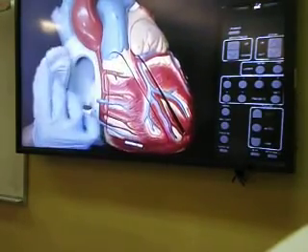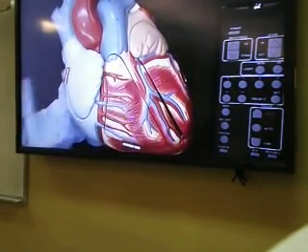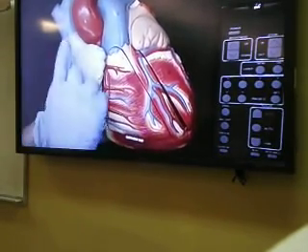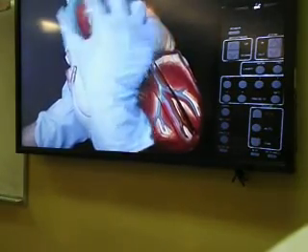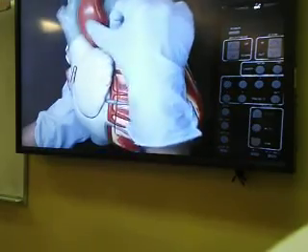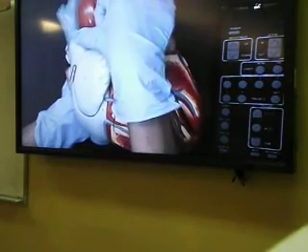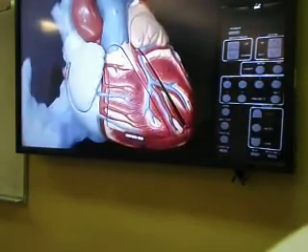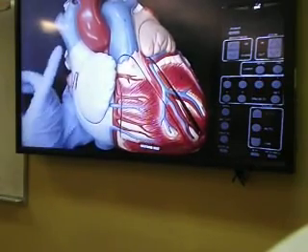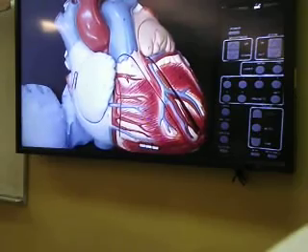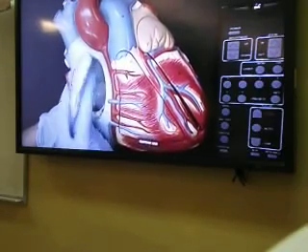So the right atrium receives deoxygenated, carbon dioxide rich blood via this vein right here, which is actually made by the fusion of this vein. This vein we call the superior vena cava, and the superior vena cava takes all the deoxygenated blood from our head, neck and upper limb to the right atrium.